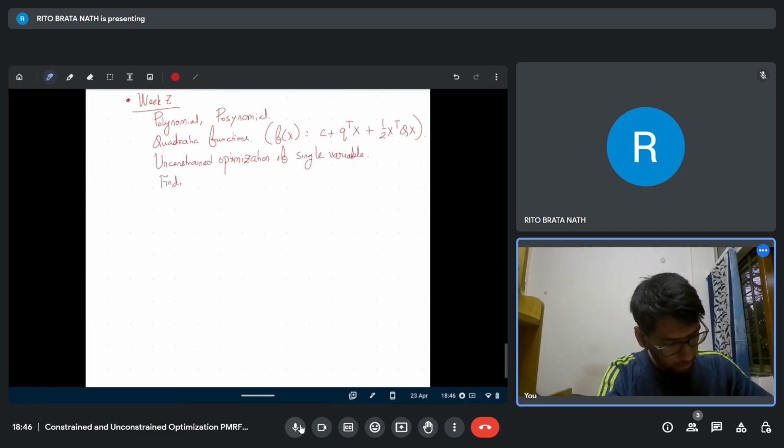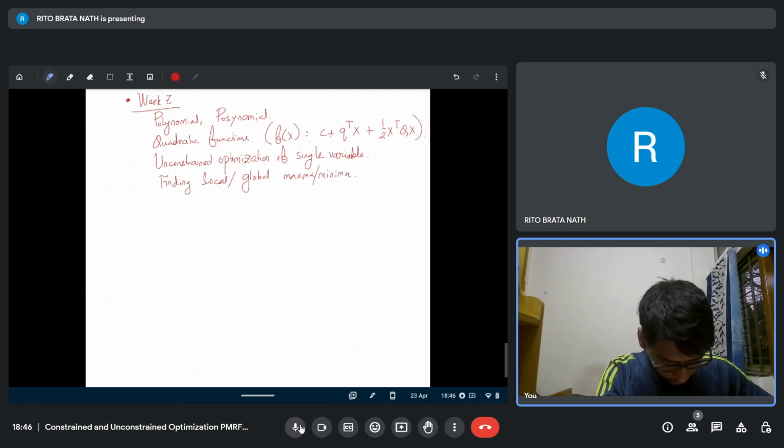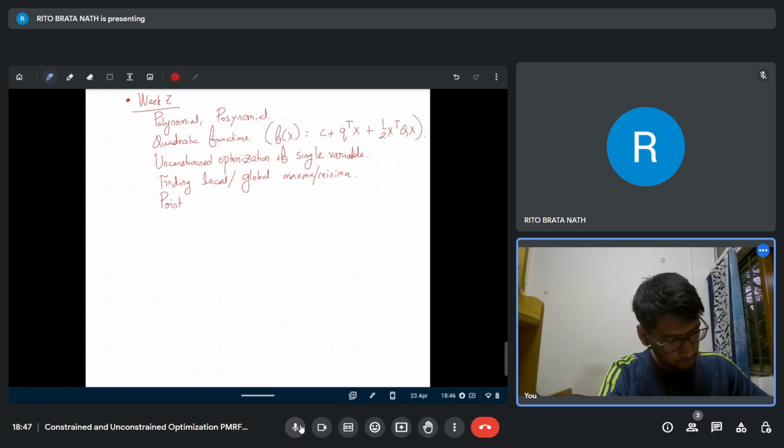So finding local or global maxima and minima. Okay, so points of inflection.